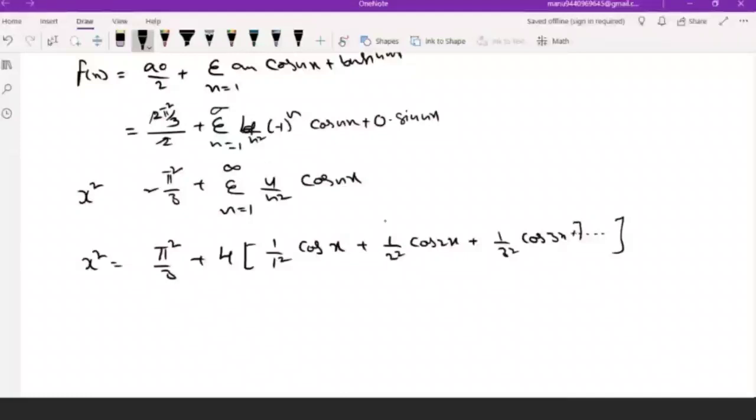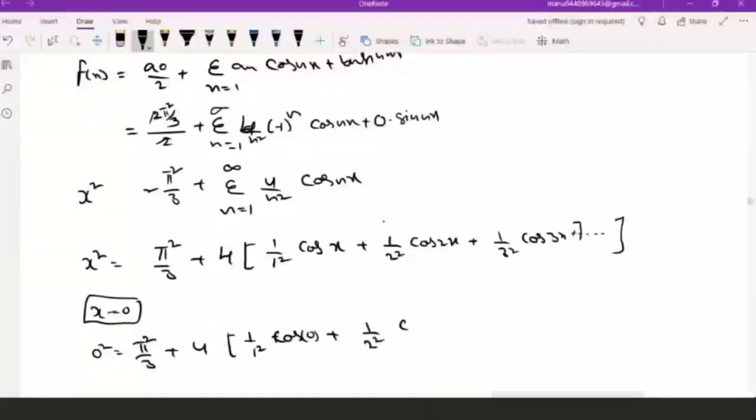So if you are taking x is equal to 0, at that time we will get the series 0 square is equal to pi square by 3 plus 4 of 1 by 1 square cos 0 plus 1 by 2 square cos 0 plus 1 by 3 square cos 0 plus and so on.